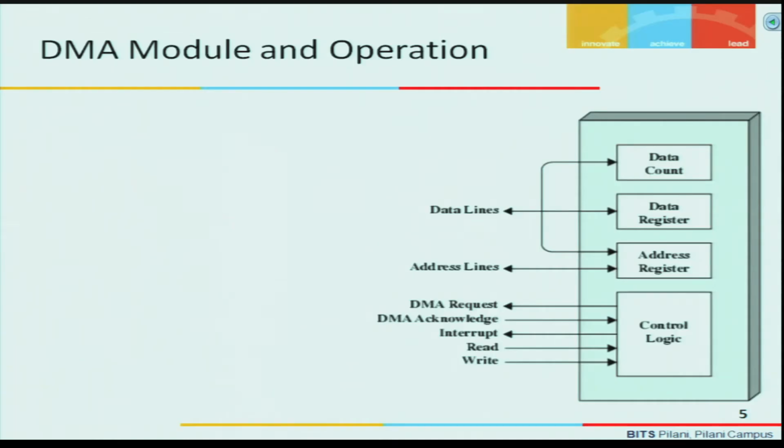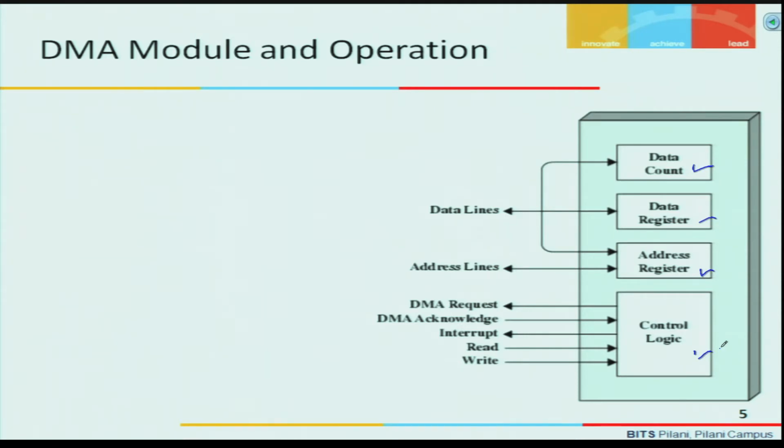This picture shows the DMA module. What components are there in the DMA module? A data count register, a data register, an address register, and the control logic. The control logic for IO transfer is shifted from the processor to this DMA.